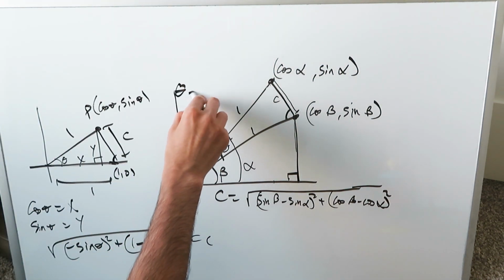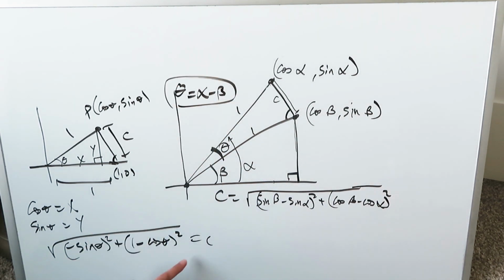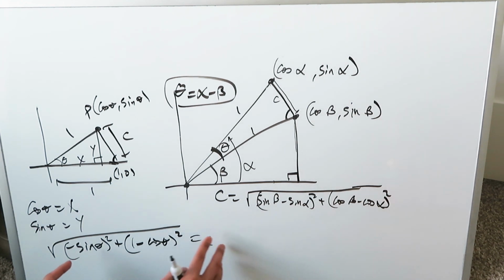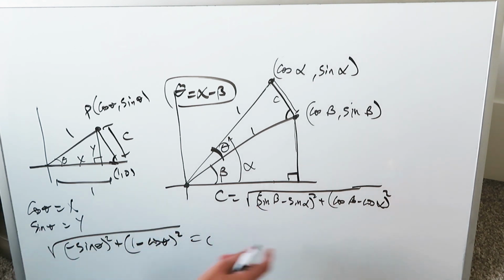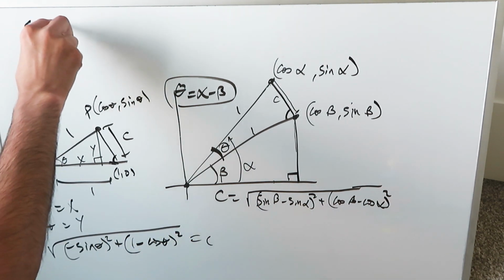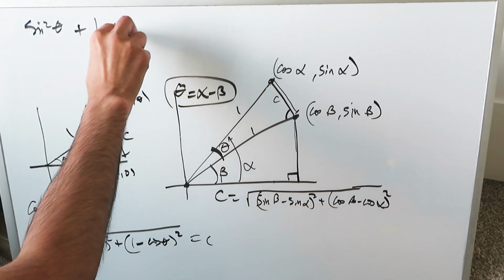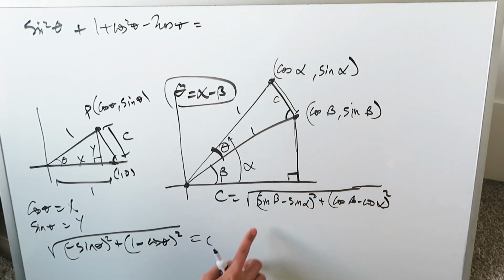We know in all instances theta is equal to the difference between alpha and beta, so we have to remember that. We'll open up this expression, but before doing that, we can square everything and eliminate the radicals. This square and that square, the roots will go away. Now look right over here and let's open it up. We have sine square theta plus, opening this part, 1 plus cosine square theta minus 2 cosine theta is equal to all of this.